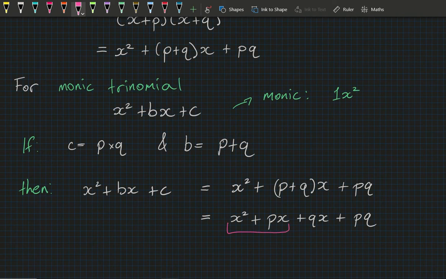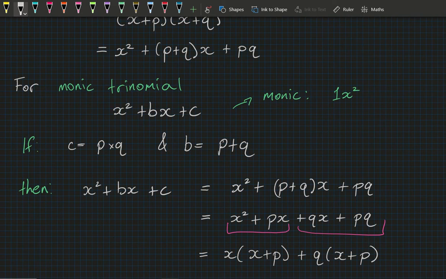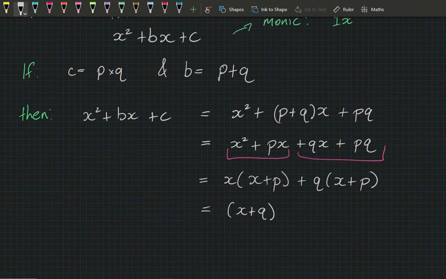And then by grouping these terms, I can take the common factor out of each term and we'll end up with x(x plus p) plus q(x plus p), which gives us (x plus q)(x plus p). And we know this from our last lesson.